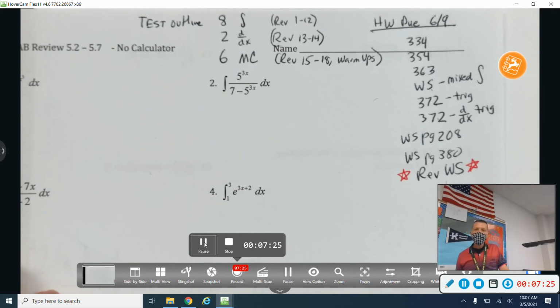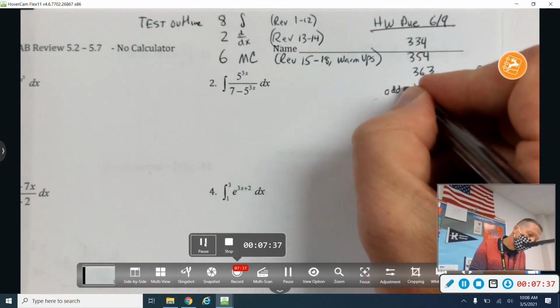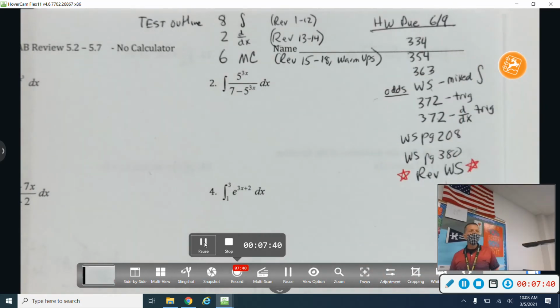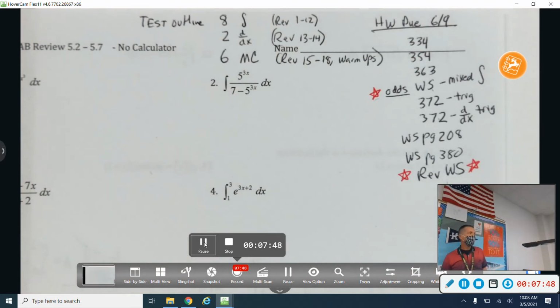For the, I think it was the mixed integral practice. Yes. You had us do all of the odds up to like 31, I believe. Do you want the entire worksheet done, or just? No, you're right. That was odds. That's the one we spent time in class. We just took the whole day and worked together. So hopefully everyone's got that one done, because you either finished or got within 1 or 2 of finishing.